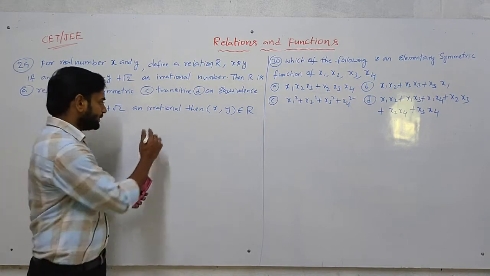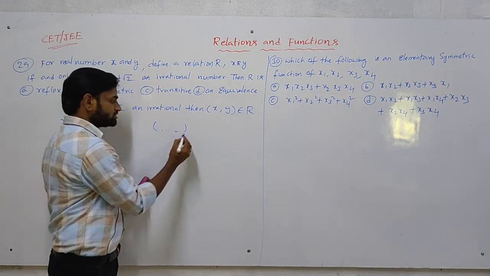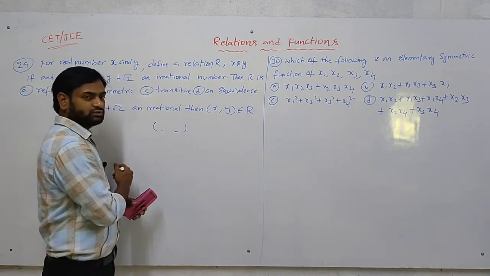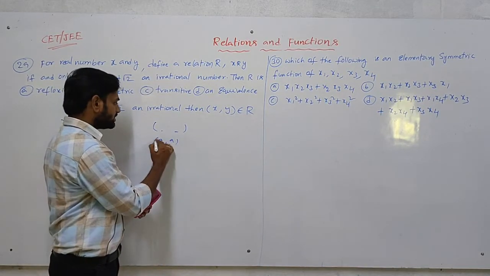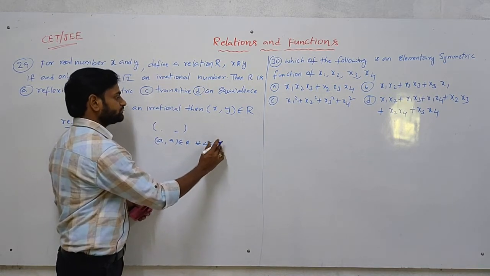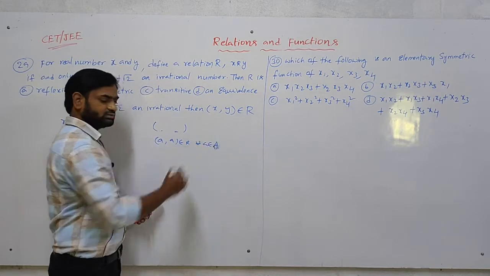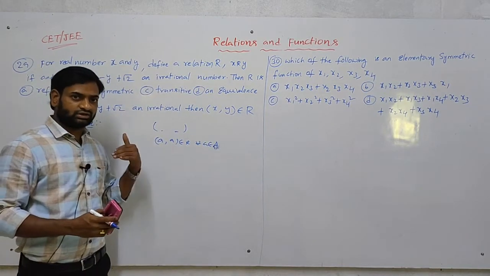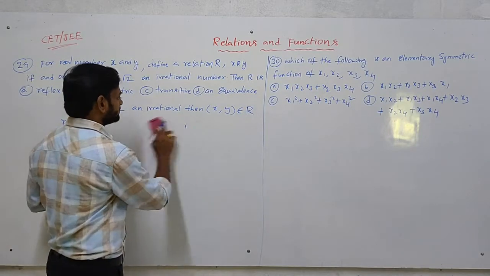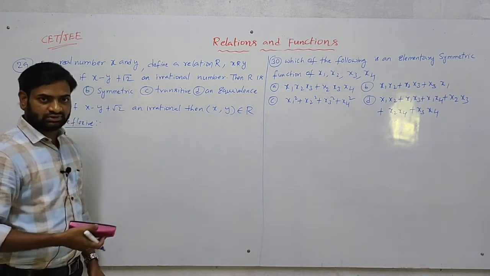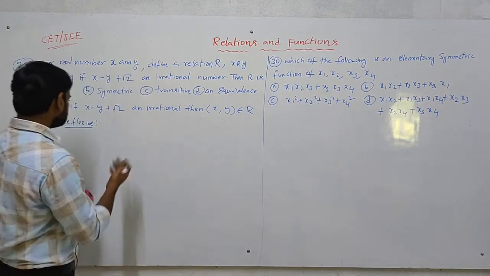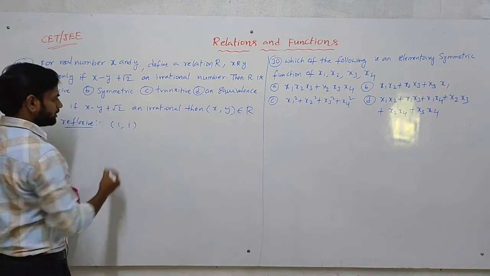In the ordered pairs, both numbers should be the same, because the definition of reflexive is A comma A belongs to R for all A belonging to the given set. You can take A comma A, B comma B, C comma C, like 1 comma 1, 2 comma 2, 3 comma 3 or 100 comma 100. So suppose here I am taking 1 comma 1.